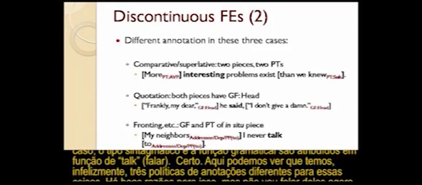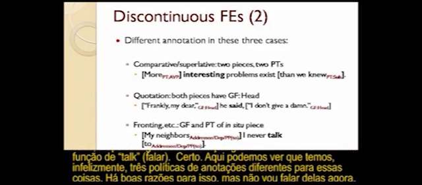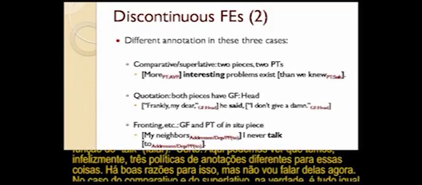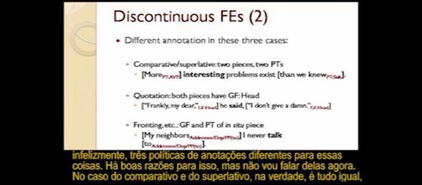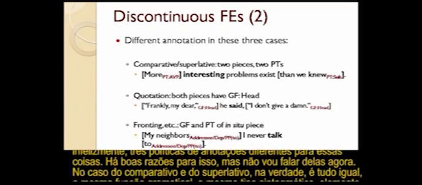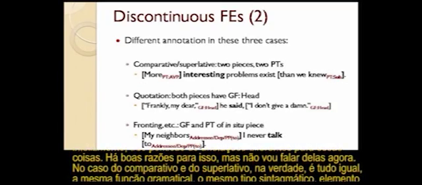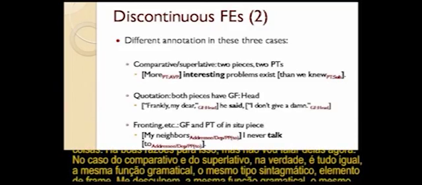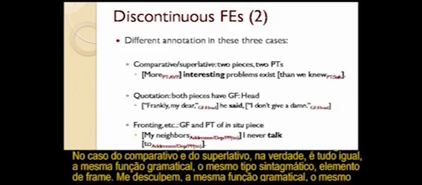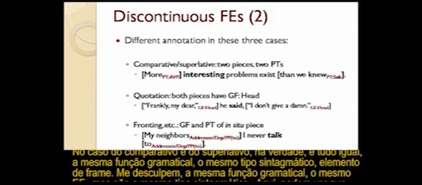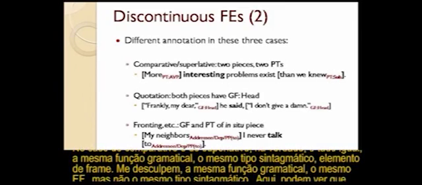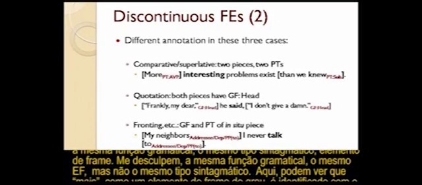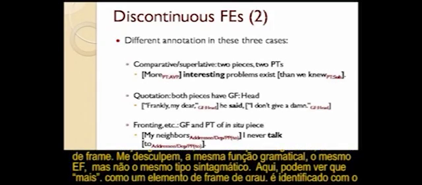So here you can actually see that we have, unfortunately, 3 different annotation policies for these things. There are good reasons for this that I'm not going to go into. So in the case of the comparative and superlative, we have the same grammatical function and same frame element, but not the same phrase type.